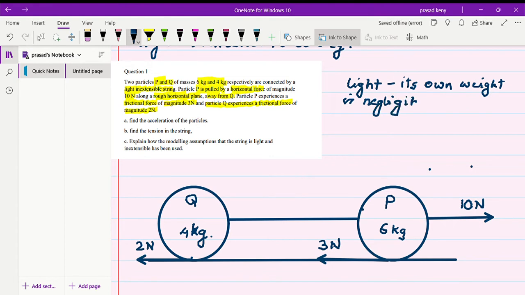And since its weight is neglected, that means a uniform tension is developed in the string.